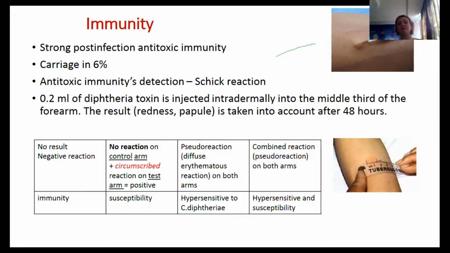If you detect a pseudo-reaction, a diffuse erythematous reaction on both arms, you interpret it as a hypersensitive reaction to Corynebacterium diphtheriae. And a combined reaction, if you detect a pseudo-reaction on both arms and a circumscribed one at the place of injection, you interpret as hypersensitivity and susceptibility.